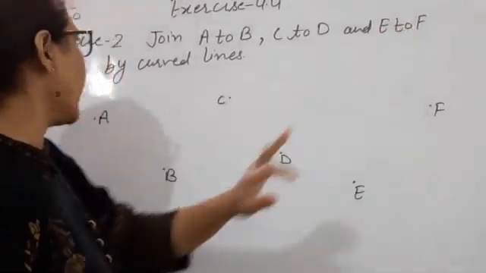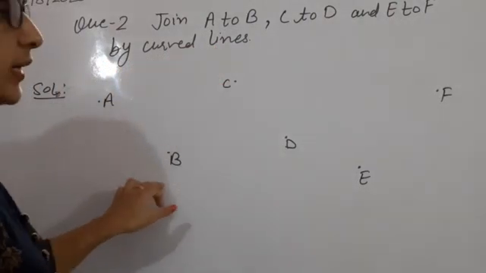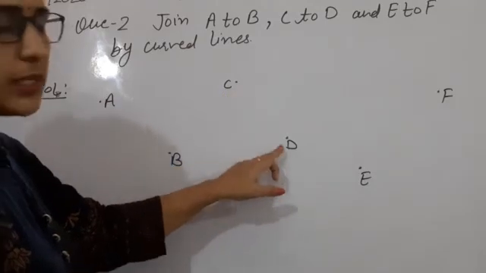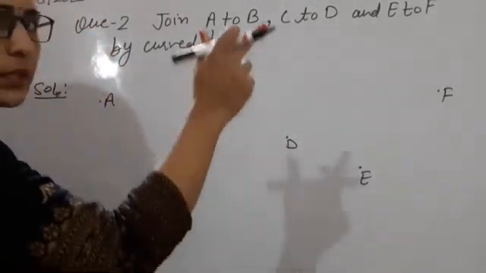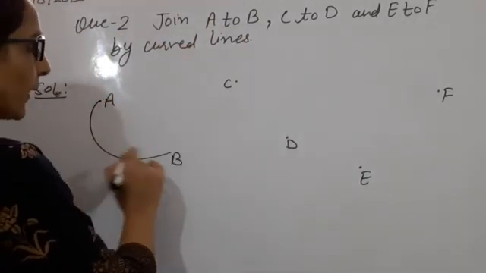Question number 2 is join A to B, C to D and E to F by curved line. Clear? By using the curved lines, we join A to B, C to D and E to F. Clear? We don't draw here the straight line. We know the curved line, the moving line like this. A to B, clear?